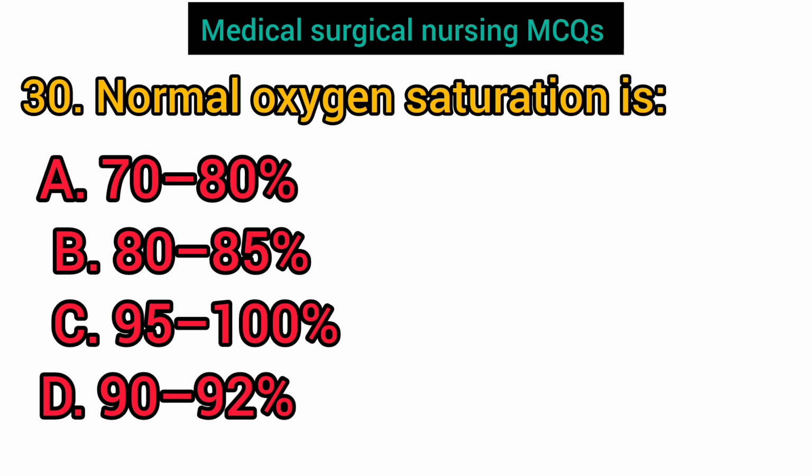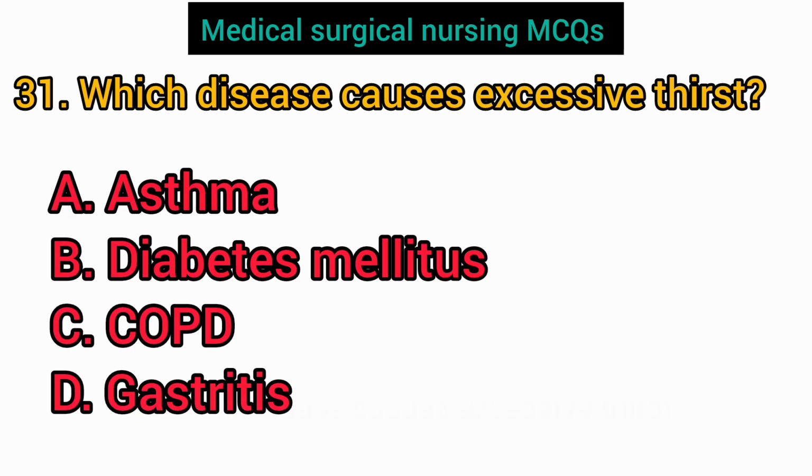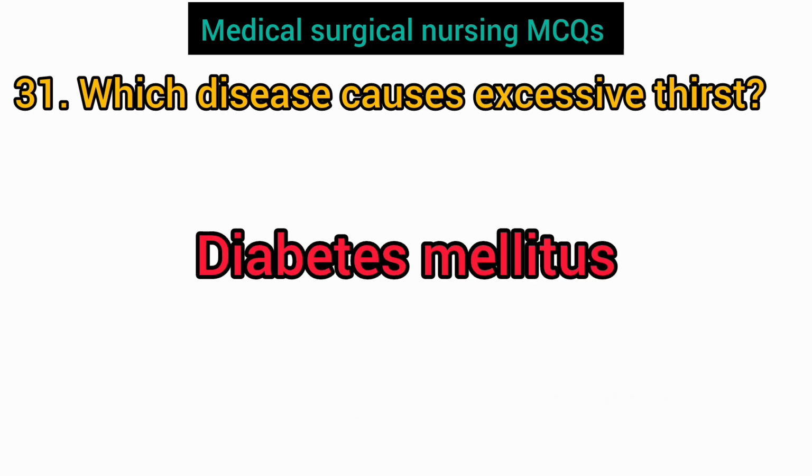Normal oxygen saturation is 95 to 100%. Which disease causes excessive thirst? Diabetes mellitus.